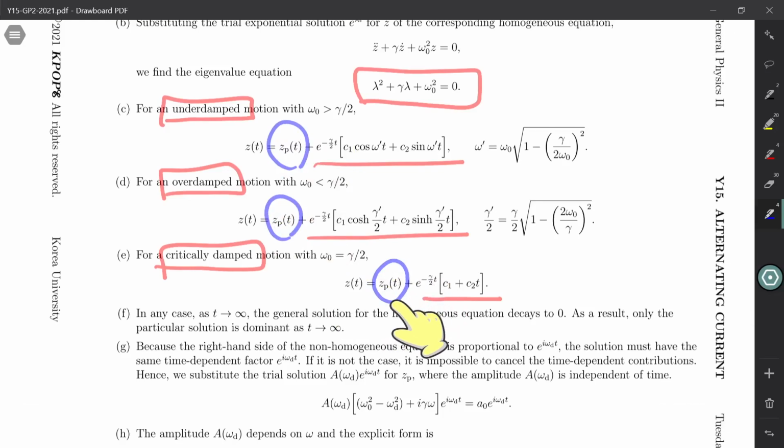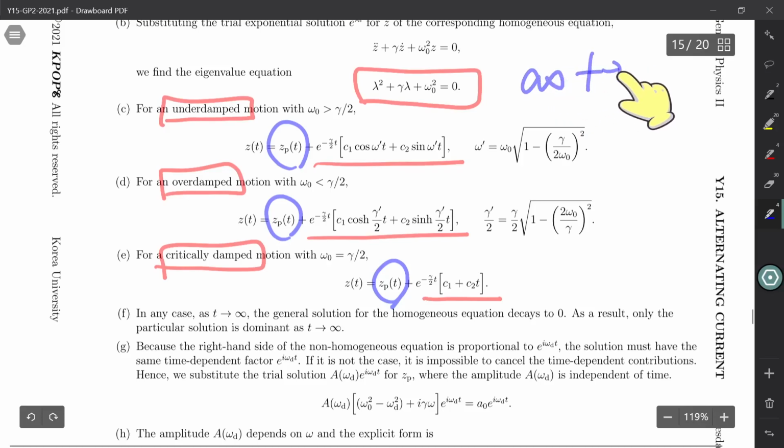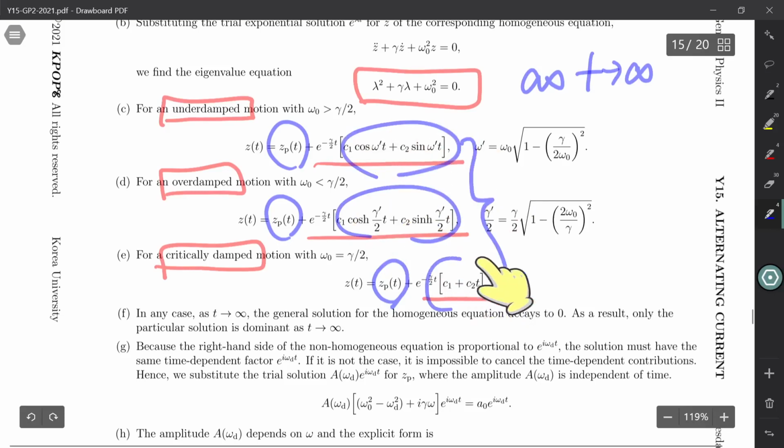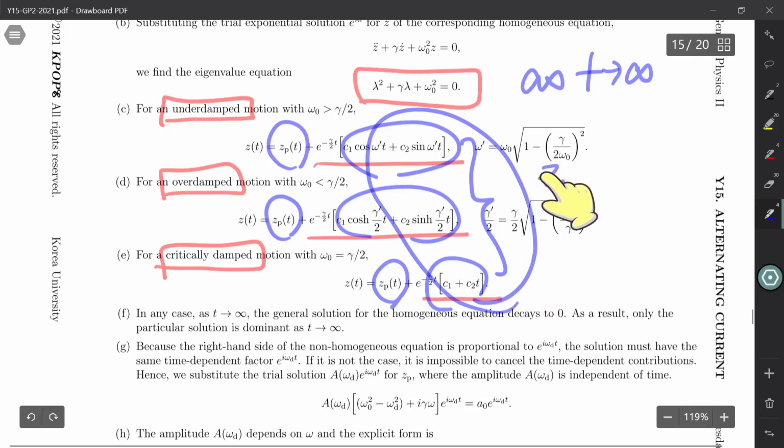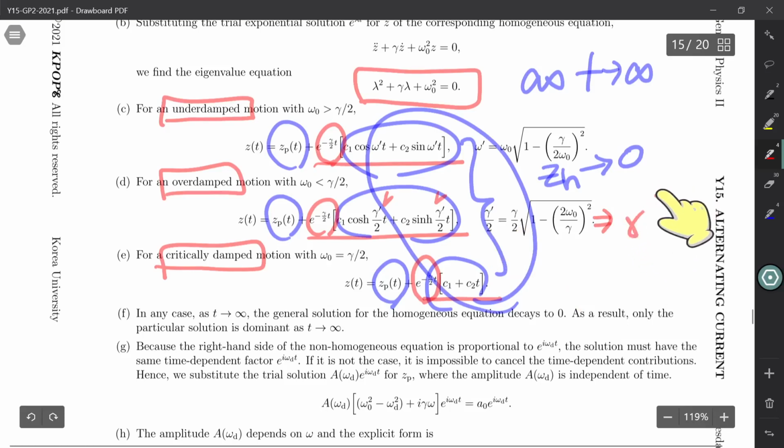In any case, as t goes to infinity, all three solutions for the homogeneous equation go to 0 because of the exponential decay factor. Here too, there is an exponential factor. Here, gamma prime is always less than gamma.